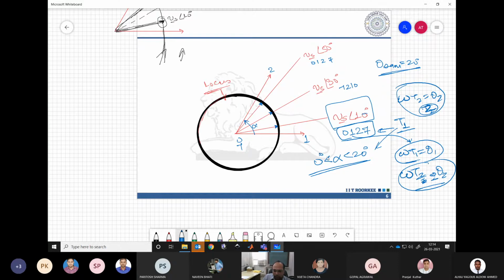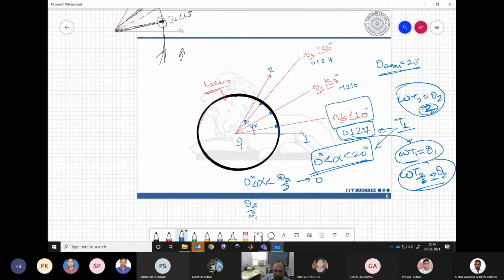Now, if we apply these vectors in this range 0 to 20 degree, which means while the vector is rotating, we have the measure of where the vector is. So the moment it starts from 0 degree to theta z by 2, in this range we have applied 0.